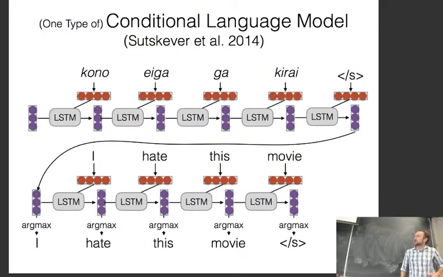A conditional language model, or specifically one type of conditional language model, the encoder-decoder model that we talked about in the materials, was basically this thing here. So we have an LSTM that reads in the input, an input sequence in Japanese. And we use this to calculate a representation, and then we use this to translate or generate the output sentence.